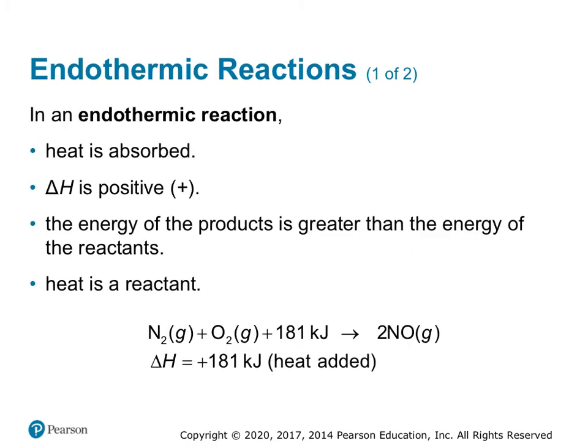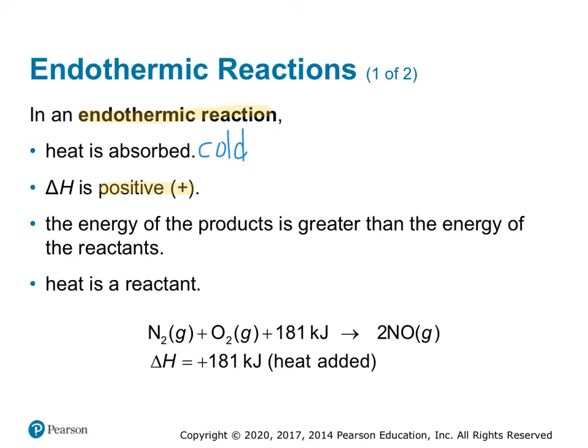In an endothermic reaction, heat is absorbed. In an endothermic reaction, it's going to feel cold because heat is being absorbed. The delta H of an endothermic reaction is positive because the energy of the products is greater than the energy of the reactants.